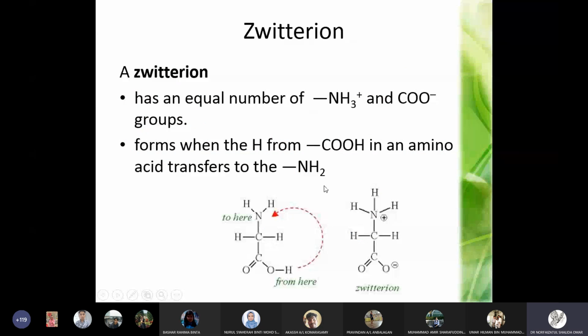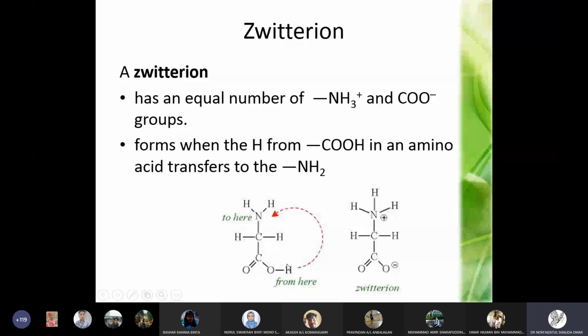Okay, so I'll go to the zwitterion that I mentioned just now. Why does this amino acid have positive and negative charges? When there's a zwitterion, it means that at this point it has an equal number of amino groups and carboxyl groups, and it forms when the H from the carboxyl group in an amino acid is transferred to the amino group.